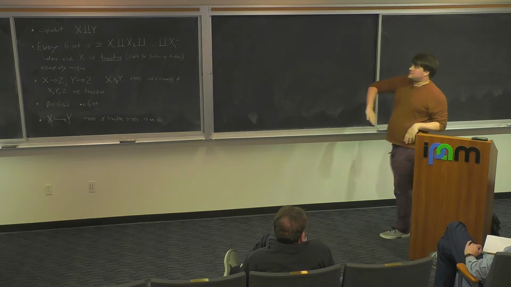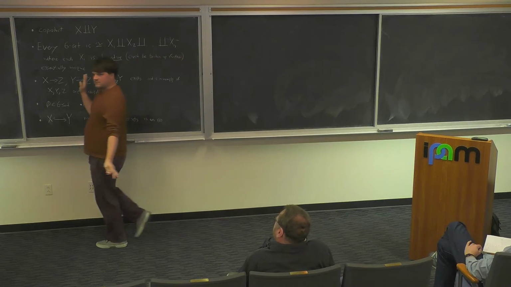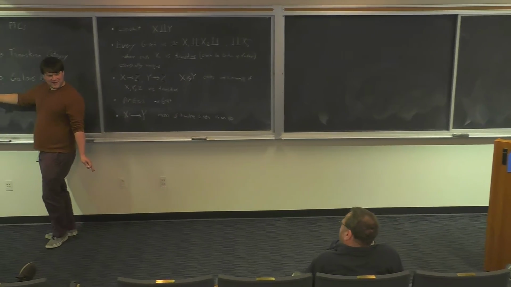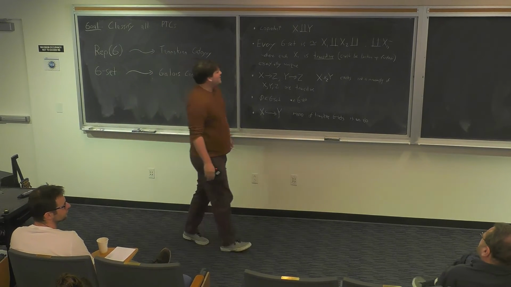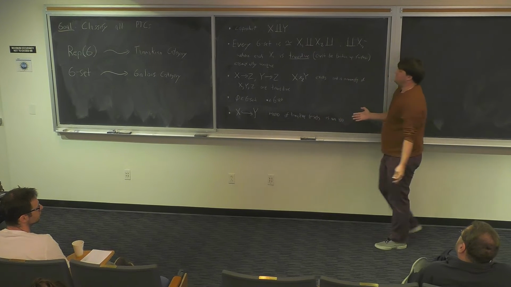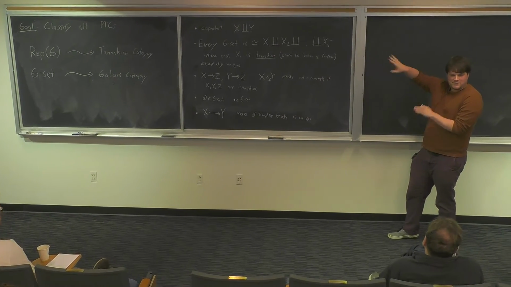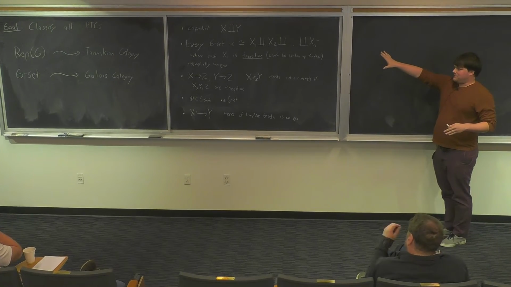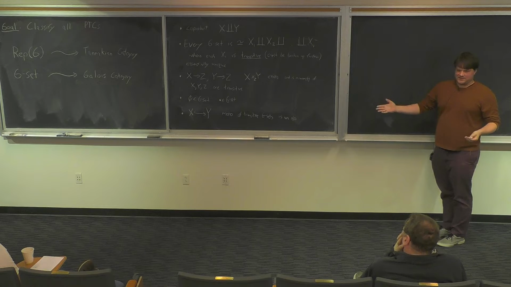Well, right now I'm just listing properties of the category of G sets. You're right, I'm going to take this to be a definition in a second, but all these properties that I'm listing should be kind of familiar, nice things that we recognize. Finite G sets should definitely satisfy these properties.